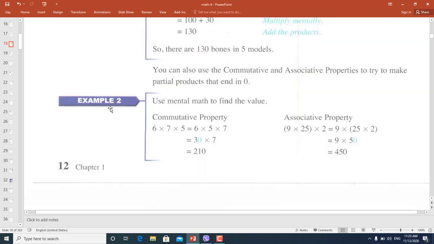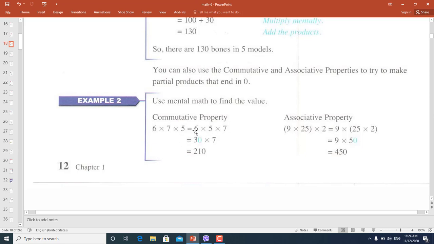And from example 2, we have the commutative property and the associative property. From the commutative property, we have 6 times 7 times 5. We just change the place of 5 with 7, so we write 6 times 5 times 7.